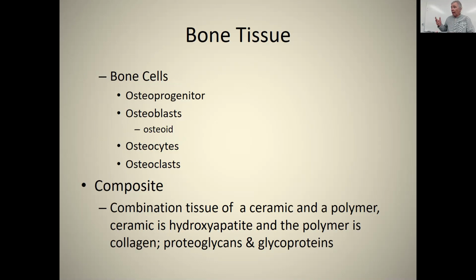Then you have osteoblasts, which lay down osteoid, which is bone material, and they are immature cells that come from osteoprogenitor, and they are destined to become osteocytes when they grow up and they lay down bone and they encase themselves in this lacunae, and by laying on this osteoid, they become osteocytes.